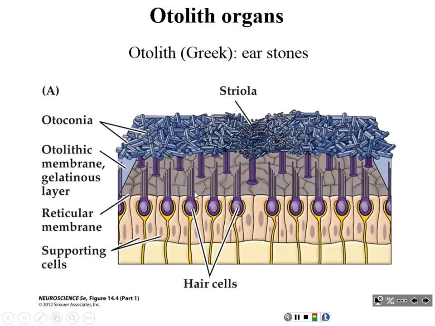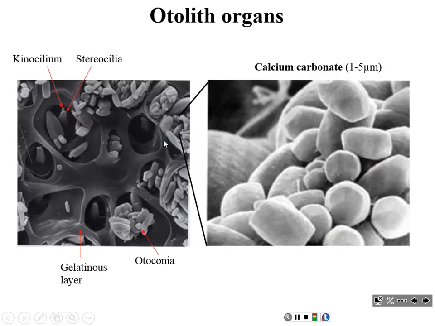All the stereocilia are embedded in a gelatinous layer similar to the cupula on the semicircular canals, but there are otoconia on top of that gelatin. Those otoconia basically are like small sand structures.